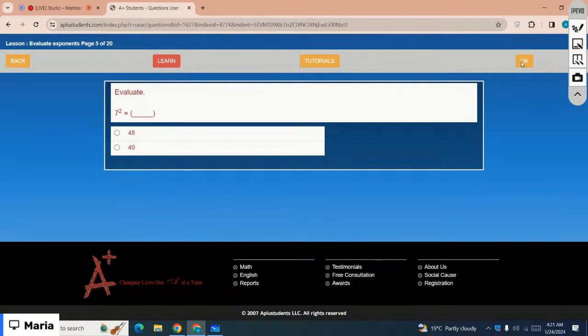Yes, that is 49. 7 square means you need to do 7 times 7, that is 49. Got it?